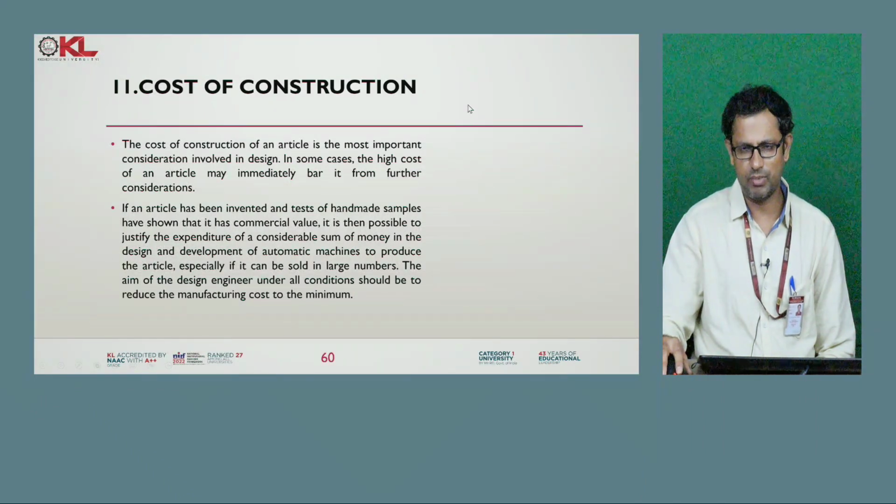If my product or my design has an intricate shape, that means some cuts, some undercuts, some curvature shapes, some circles, and in those circles I am restricting the diameter, that means it should be exactly 10 mm, if I impose these kinds of restrictions, then obviously the cost of construction will increase. And if the customer says I cannot bear that much cost, it again leads to a failed design. That is why while designing you have to take the cost of construction into account also.